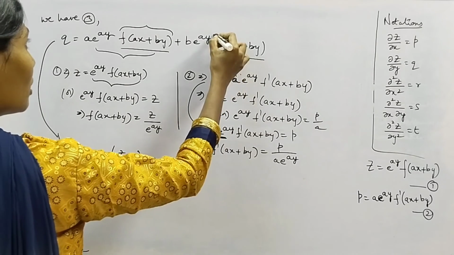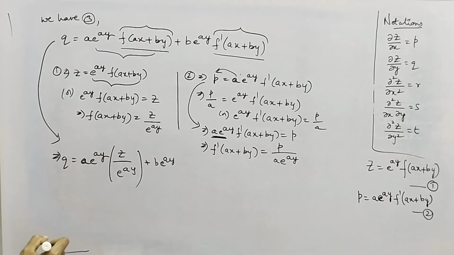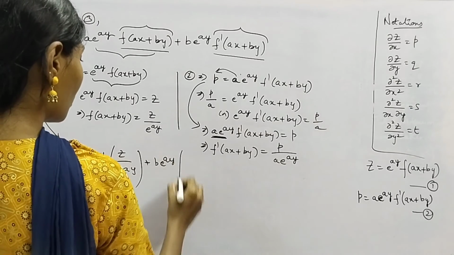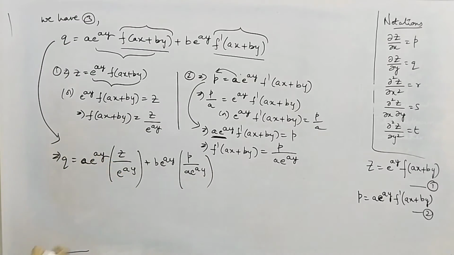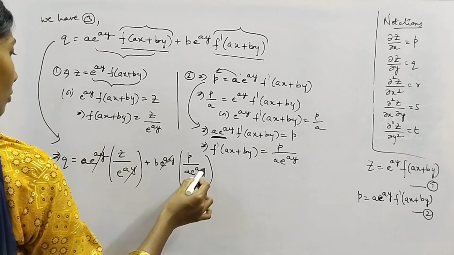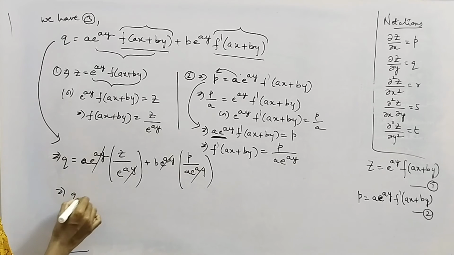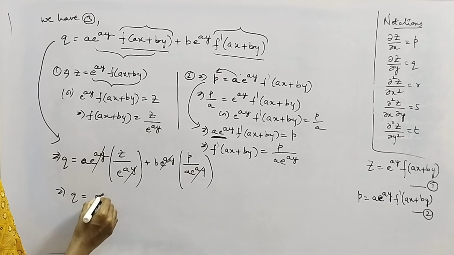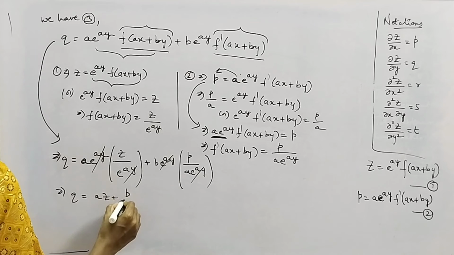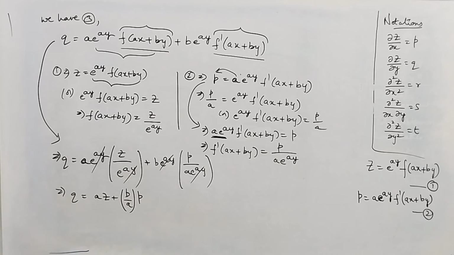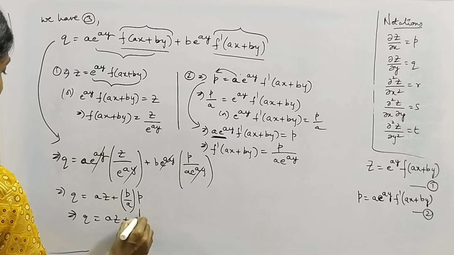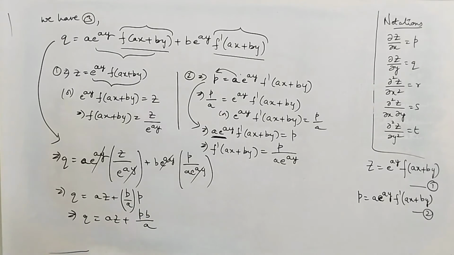And here I'm going to replace only f dash of ax plus by using p by a into e power ay, where e power ay gets cancelled and you'll get q equal to az plus b by a into p, which is the required partial differential equation, or you can write this as q equal to az plus pb by a.